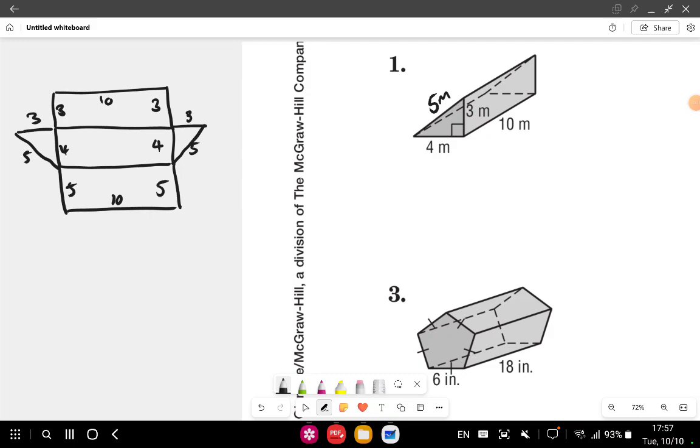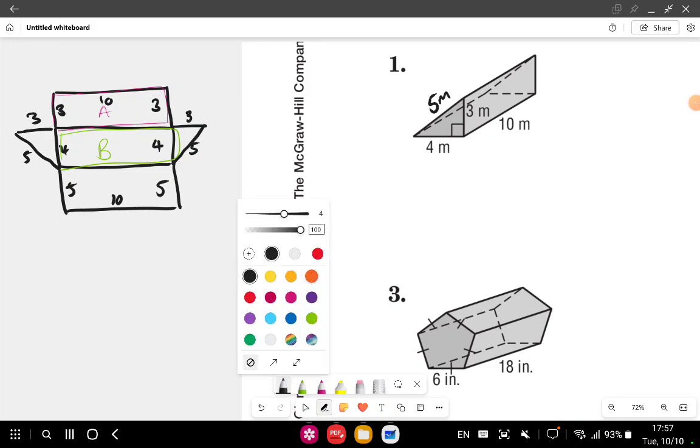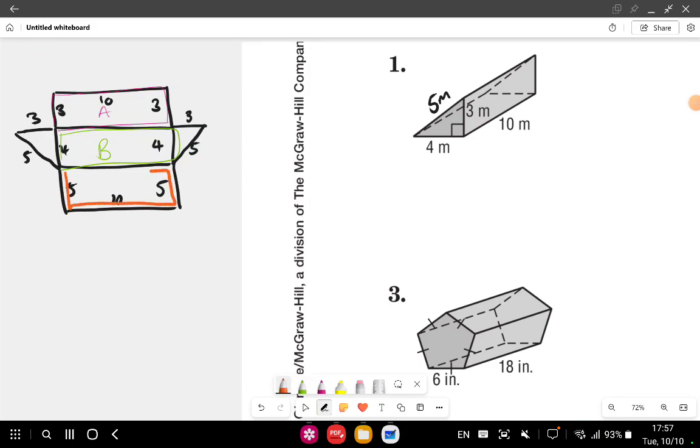We did it the long way in class, and we said, okay, if I label my triangles, this is going to be A, and then this one can be B, and then we can do triangle C in orange. And we want to calculate the area.